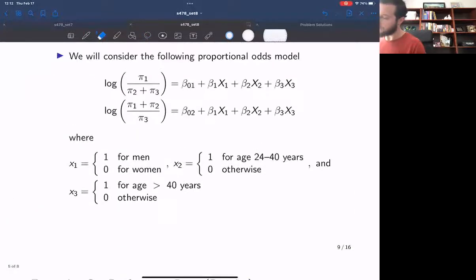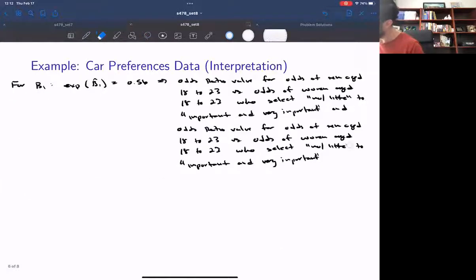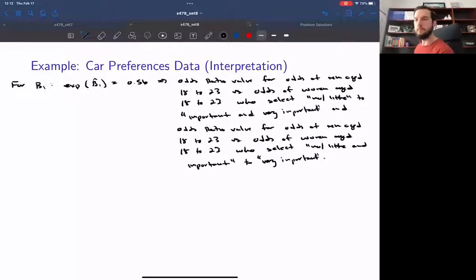I kind of think that the nominal one is a little bit nicer to work with personally, but based off the direct interpretation of the model, this is what we would be dealing with.